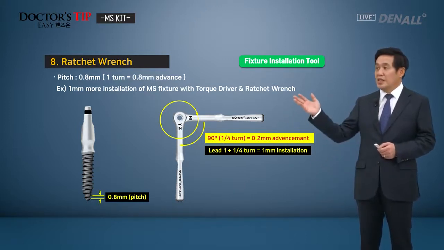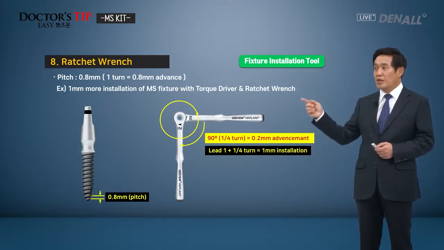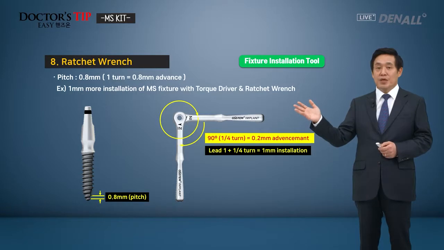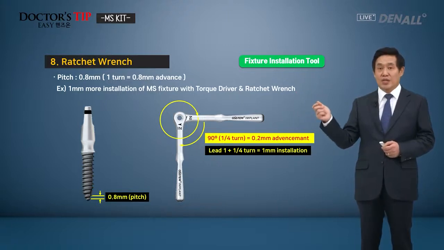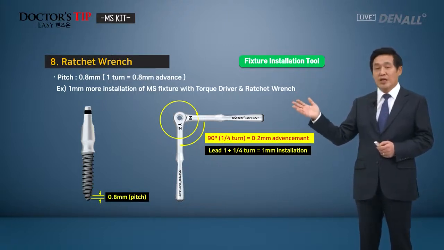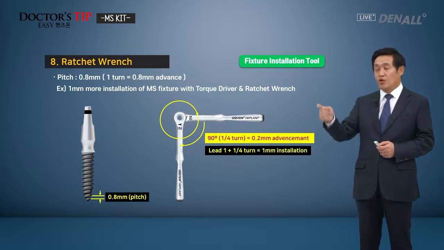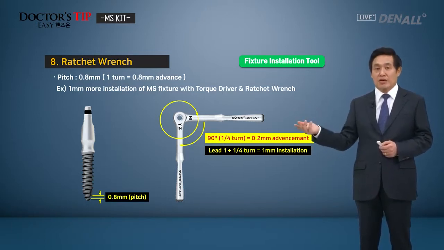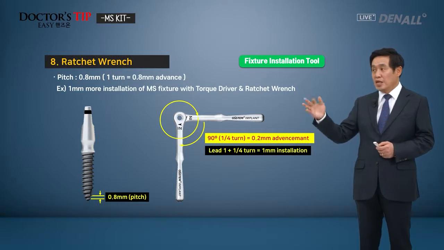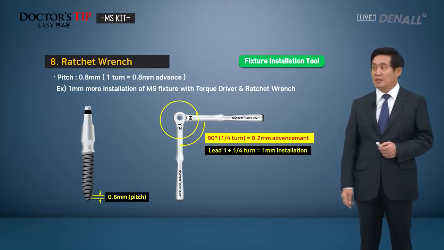This means that with the hand wrench, if you do one turn, about 0.8 implant advancement happens. So in the case of a 90 degree turn, 0.2 millimeter advancement. So if you want to advance 1 millimeter, one turn plus 90 degrees in addition. You have to be mindful of that to adjust your depth.